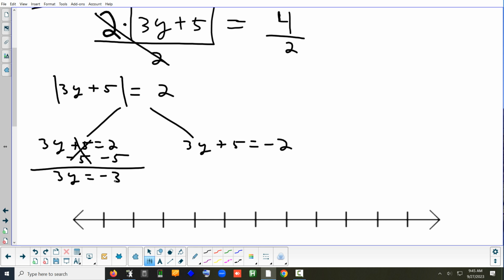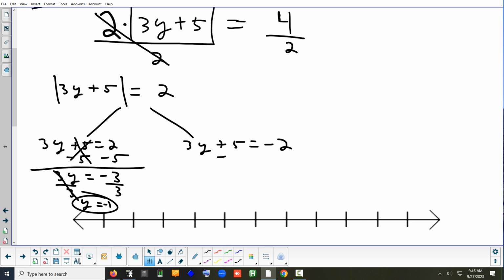You divide by 3 on both sides. And what's -3 divided by 3? -1. So that's our first answer. y equals -1.